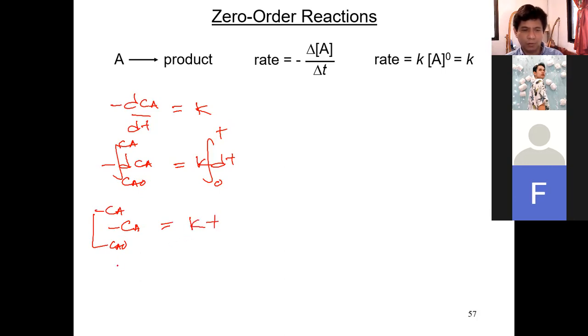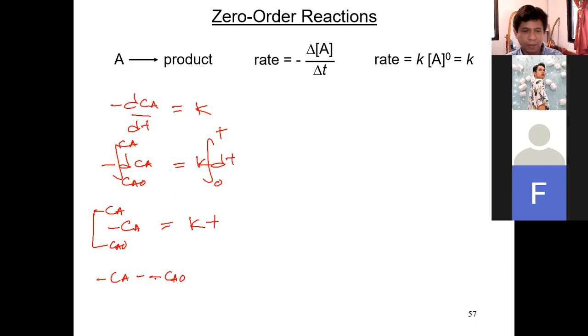Kapag dinistribute nyo, it would be negative CA minus negative CA0, kasi delta yan.